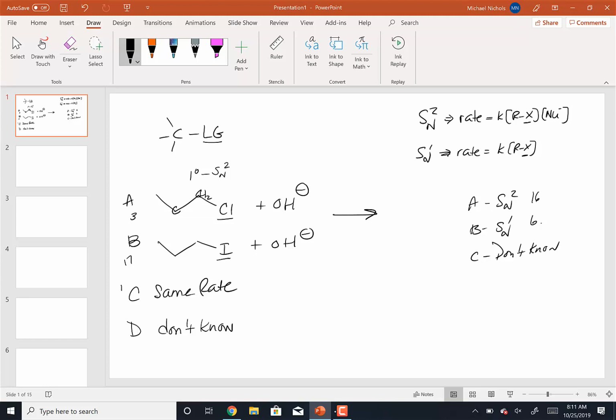So of Cl minus and I minus, which one of those is the weaker base?